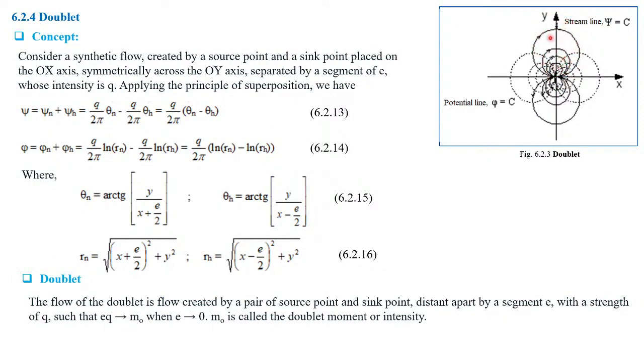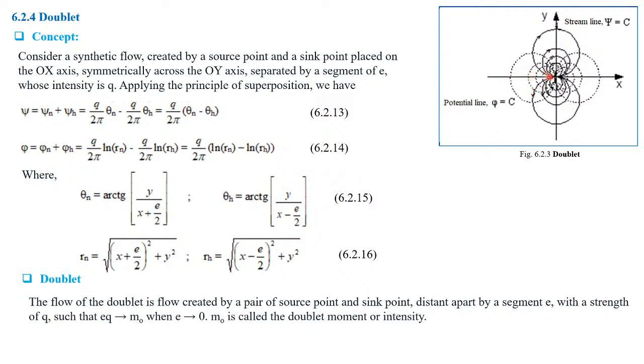A circle, and the center on the y-axis, and passing through the origin. And for the potential line, it is also a circle with the dashed line.